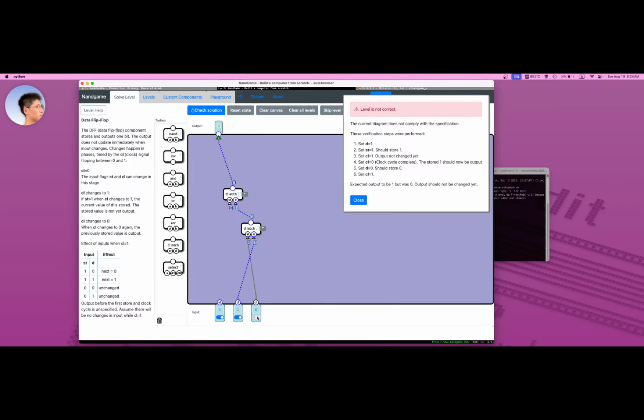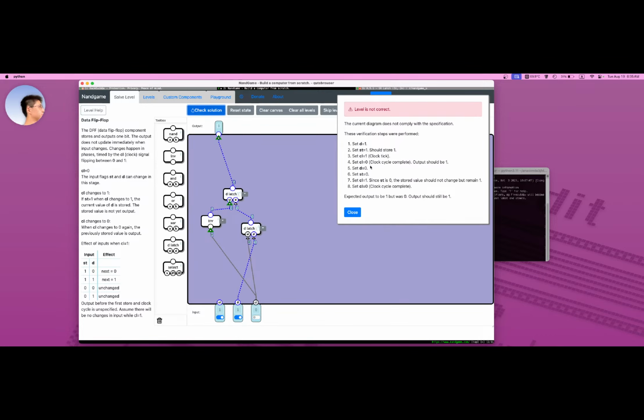You know, the thing is that we need to use inversion. When it is 1, there should be no output. When it is 0, there should be output. Look.